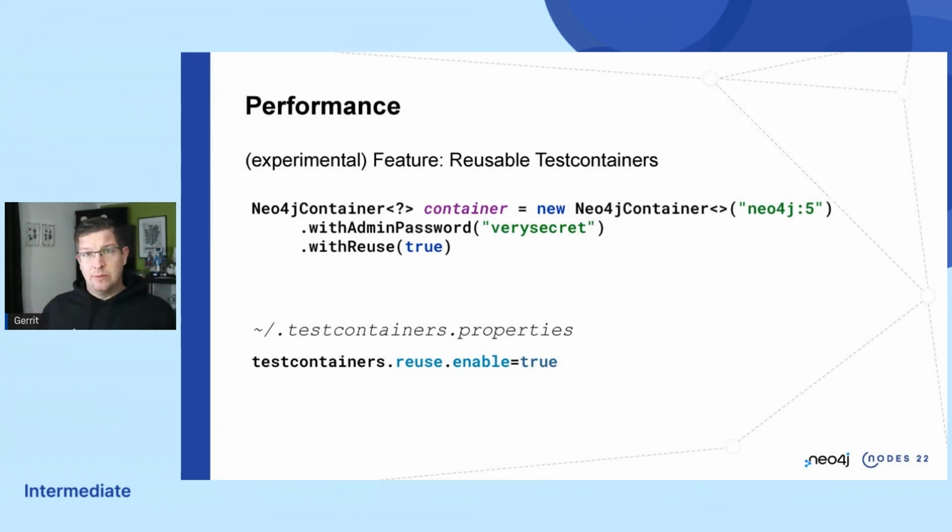And with this, we barely see any negative influence of Testcontainers in, for example, Spring Data Neo4j builds, because we benefit more from it. Just to make some numbers up, say I have a 5-minute running test suite.